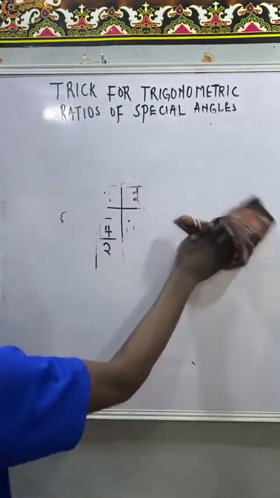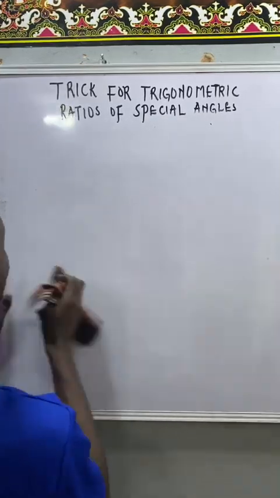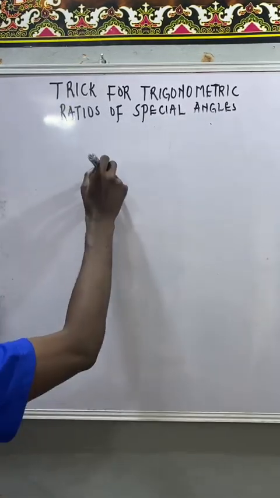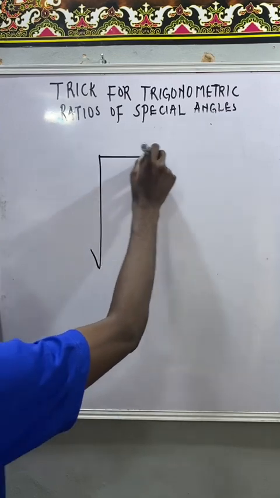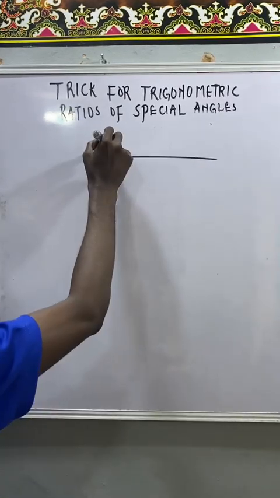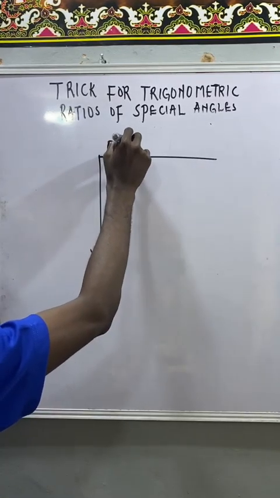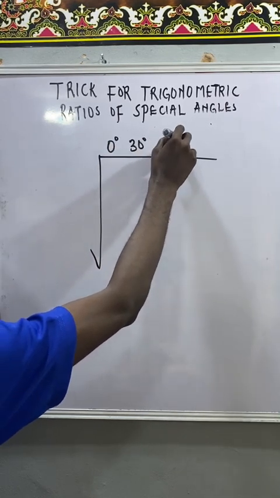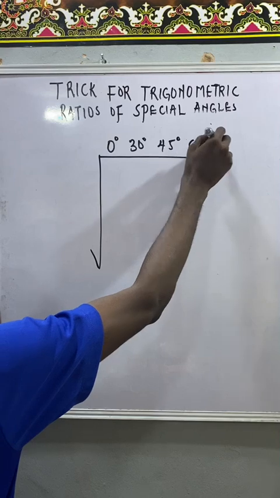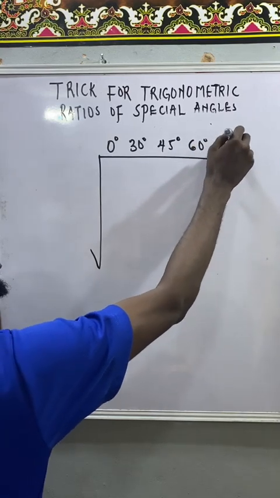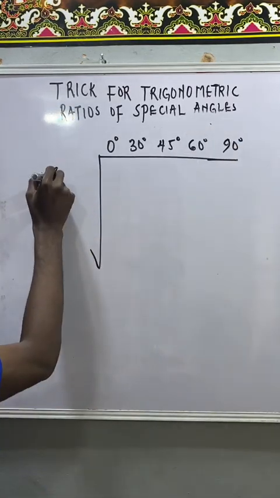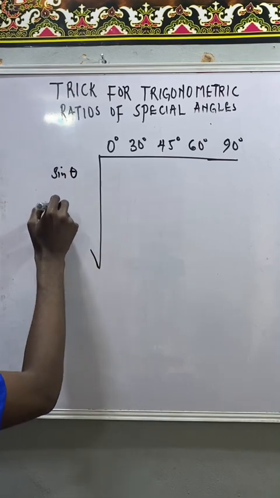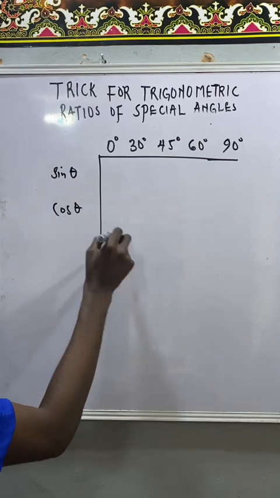Trick number 2 to master trigonometric ratios. I will just draw a big square root sign. Then on top, I'll put the special angles 0 degree, 30 degree, 45 degree, 60 degree, and 90 degree. Then I'm going to put sine theta here and cos theta under.